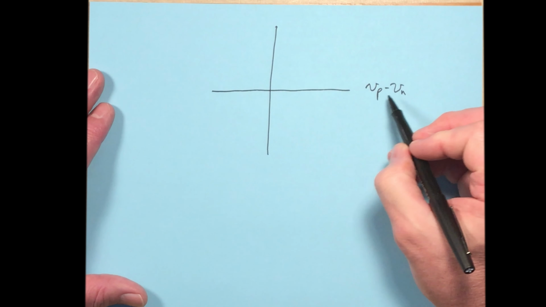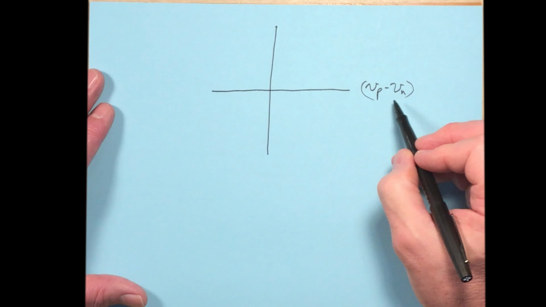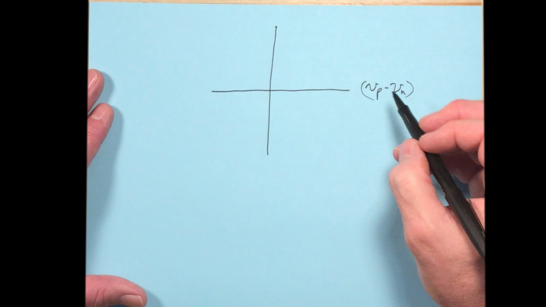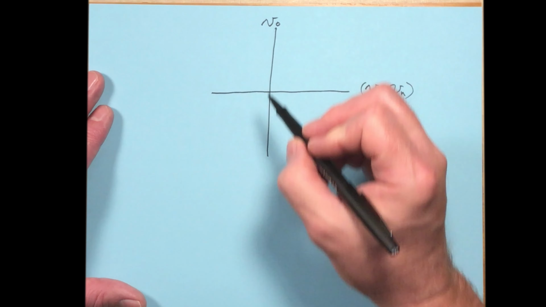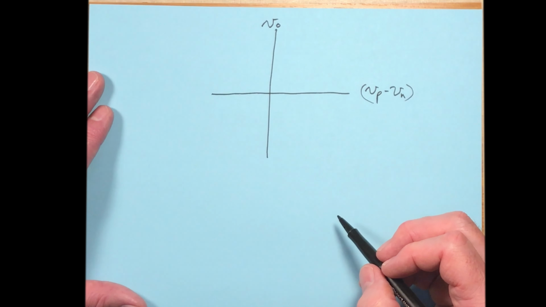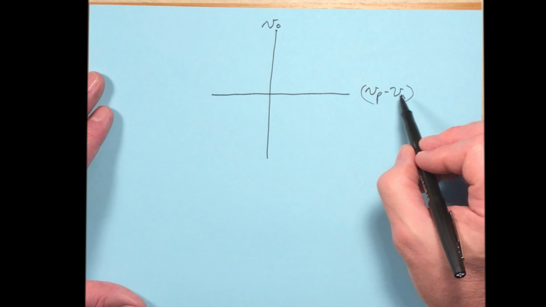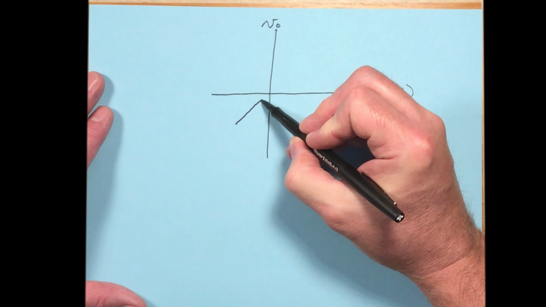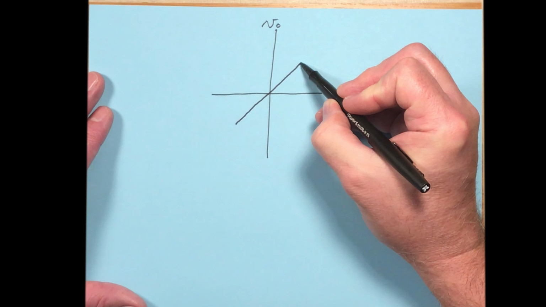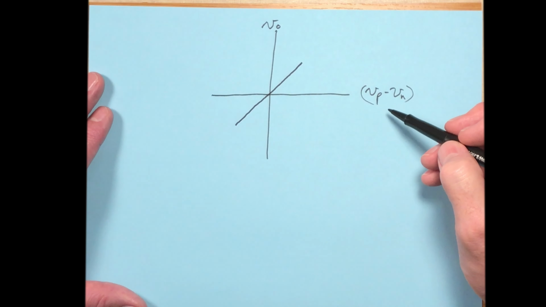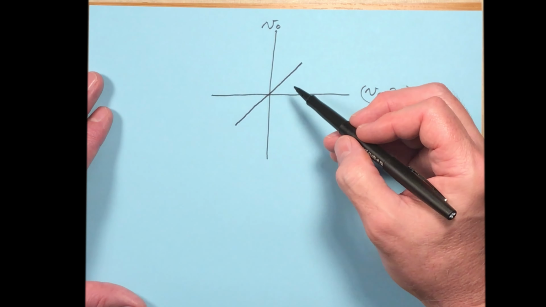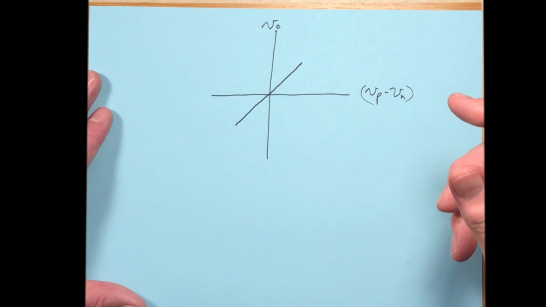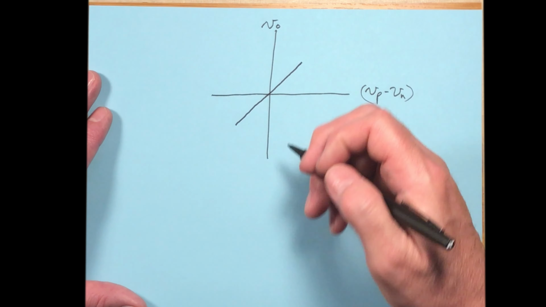We'll put Vp minus Vn on this axis. So this is the difference between the inputs. And then we'll put the output on this axis there. Okay, so this is inputs and this is outputs. Well, there is a linear range here over which the operational amplifier will behave as expected. That's the A (Vp minus Vn) range.